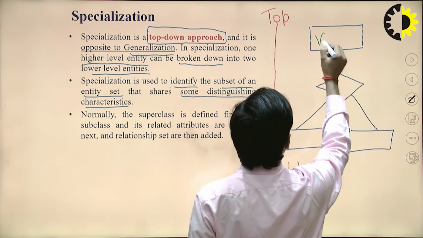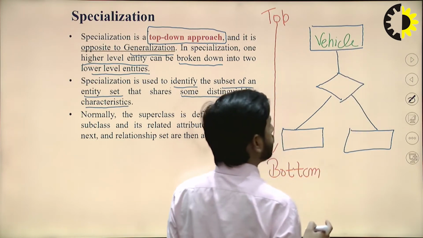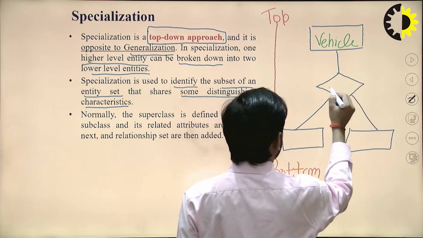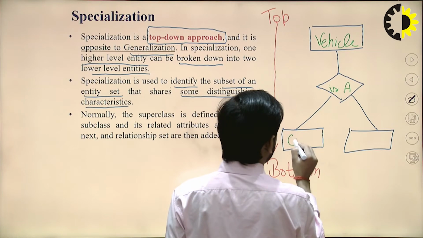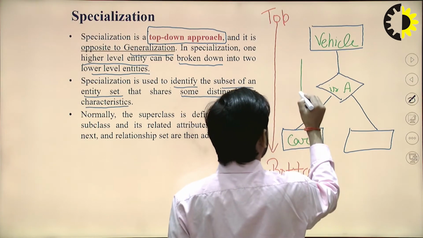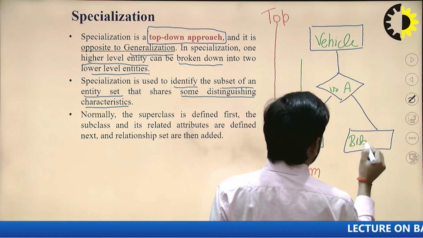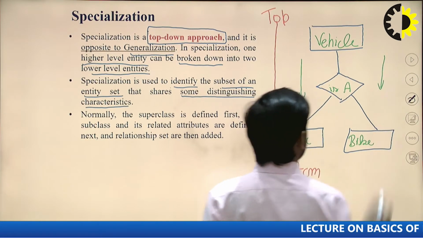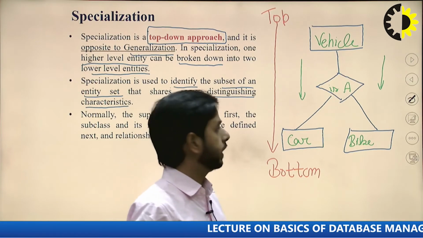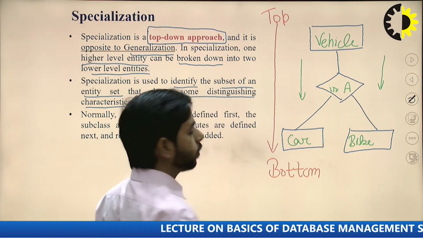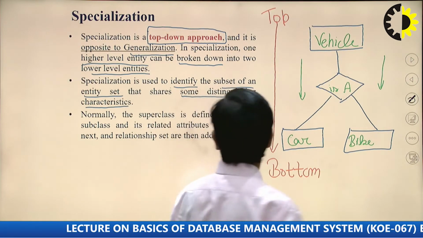Suppose I write vehicle. Car is also a vehicle, and bike is also a vehicle. So it is similar to generalization, but it is opposite to generalization. It is a top down approach, but generalization is a bottom up approach.